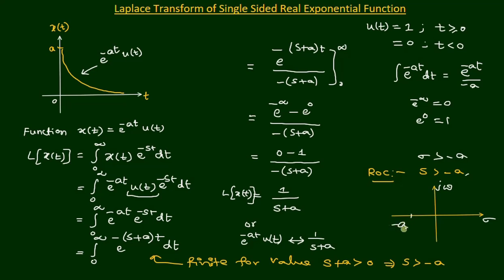To draw the ROC greater than -a, we use one dotted line here, and for greater than -a the ROC exists for this function, so we represent this area by the horizontal lines shown in the figure. So this is the ROC of the given function e^(-at) u(t).